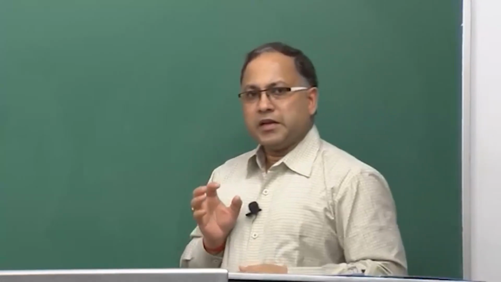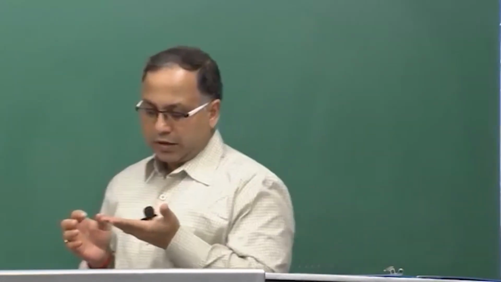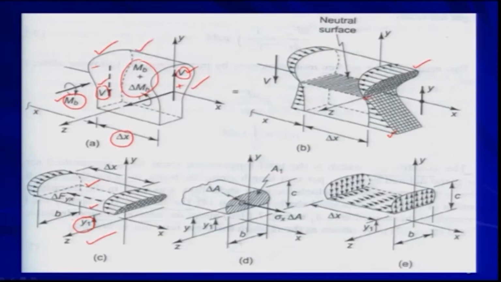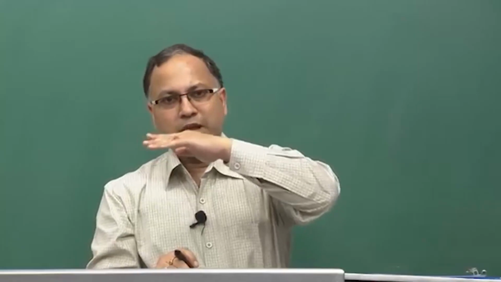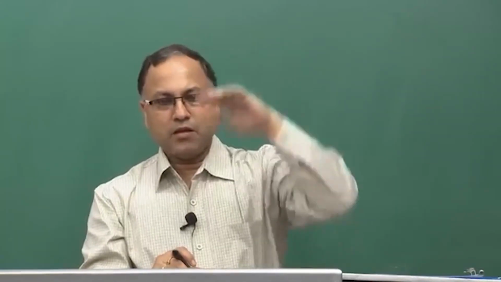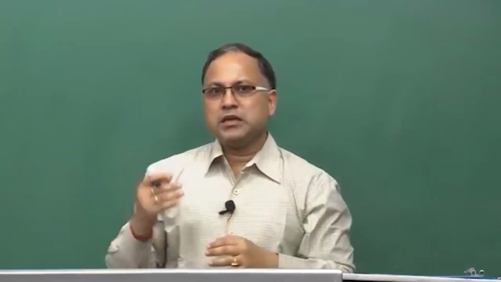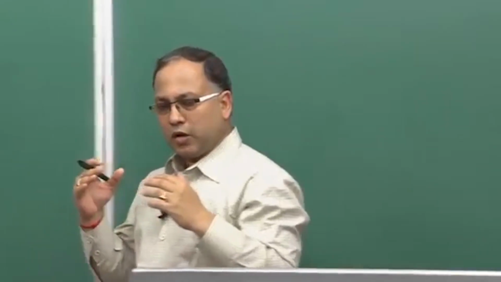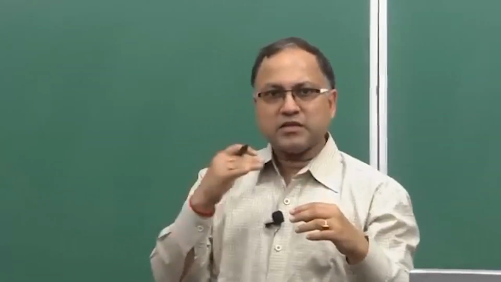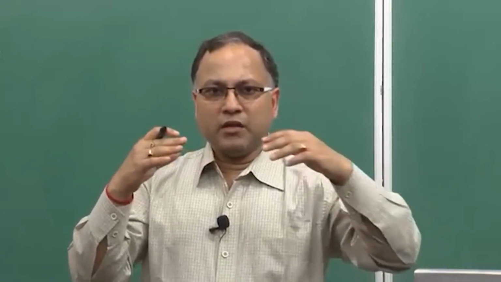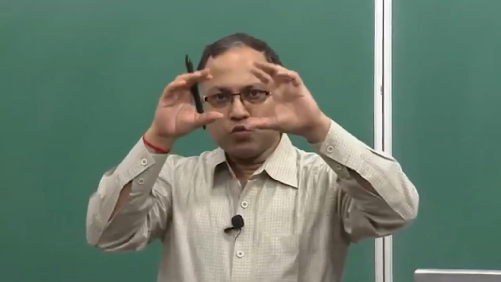Now, one thing is very clear, because this is a continuum body. If you make n number of slices, every slice will be getting bonded with the adjacent slice, and you will be having some interface shear force which will be bonding these two fibers together. Am I right?